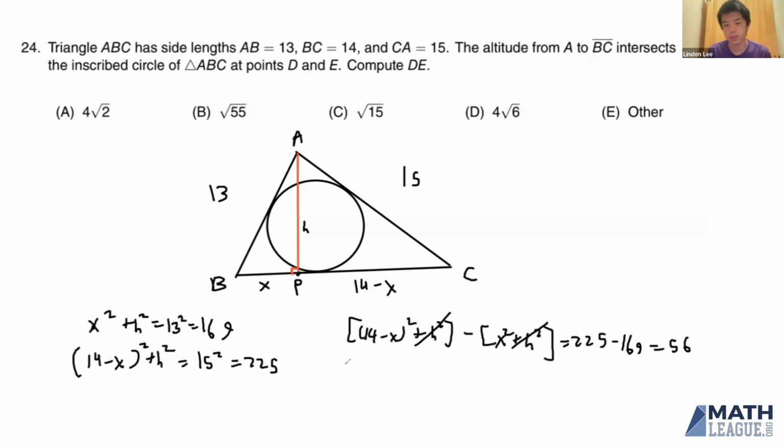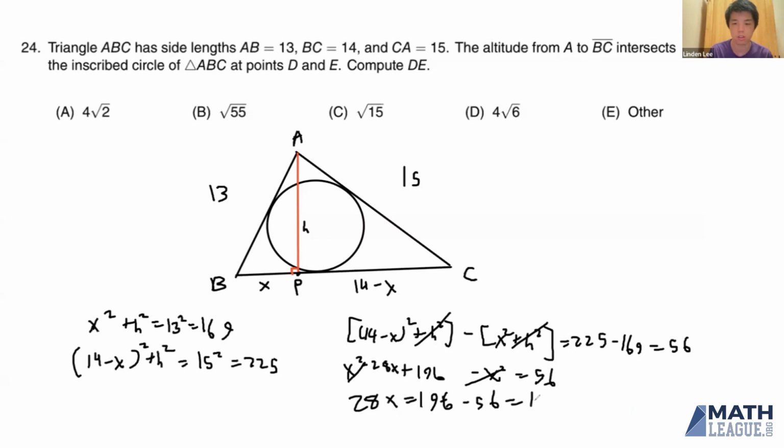You can expand both of these out: x squared minus 28x plus 196 minus x squared is equal to 56. Of course, you cancel the x squared terms and rearrange, so you get 28x is equal to 196 minus 56. So x is equal to 5, meaning 14 minus x is equal to 9.